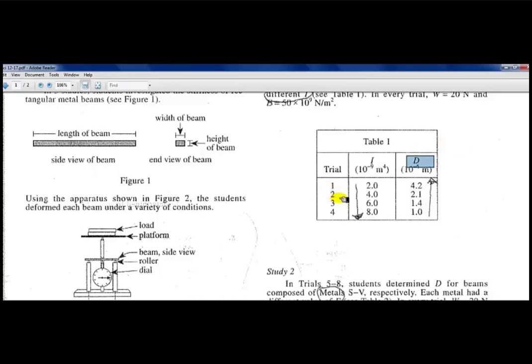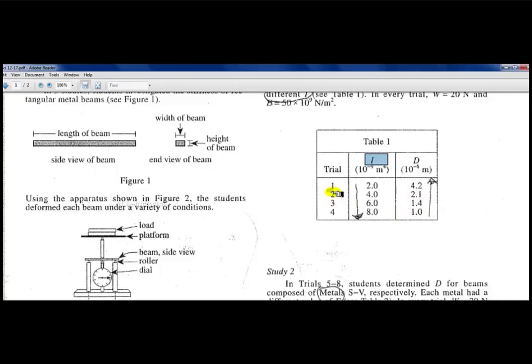So the bigger the beam, what happens to the distance it was transformed? 2 to 4, 8 to 1. You see that these arrows are going opposite, which makes total sense. The bigger the beam, the less it's going to be deformed by the weight.